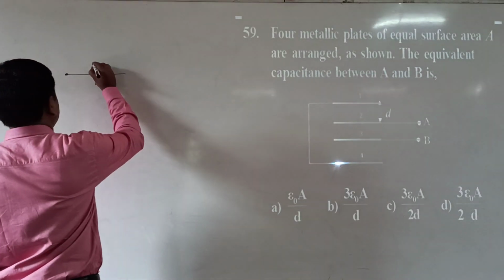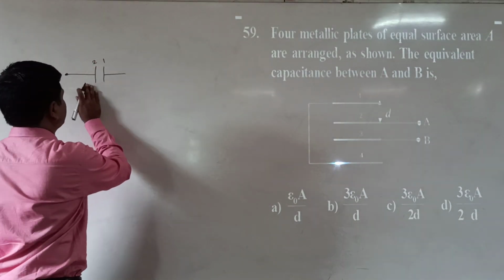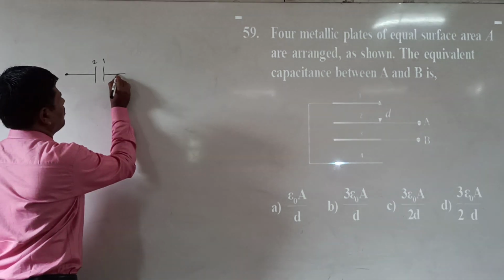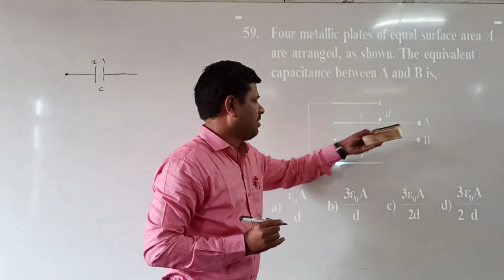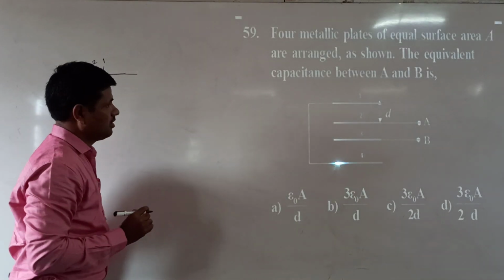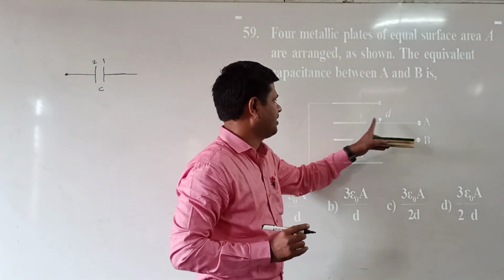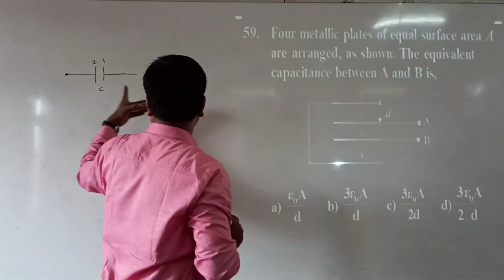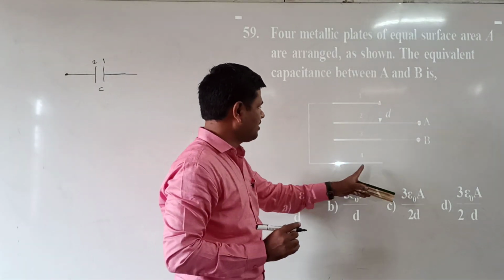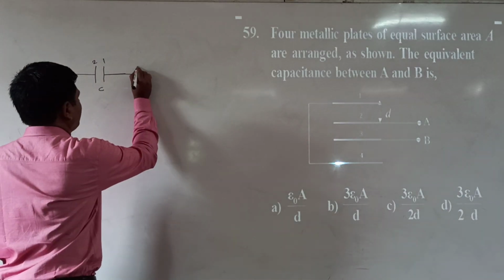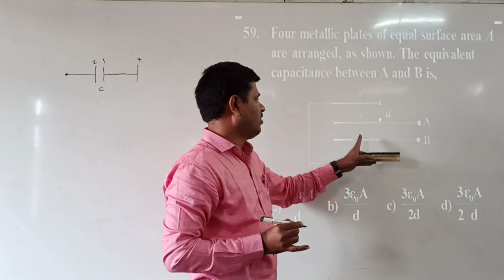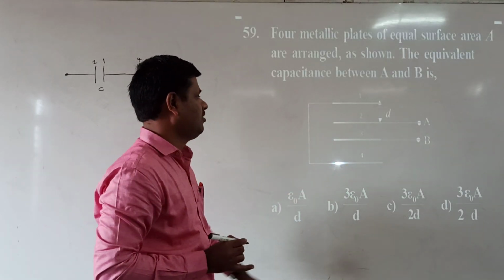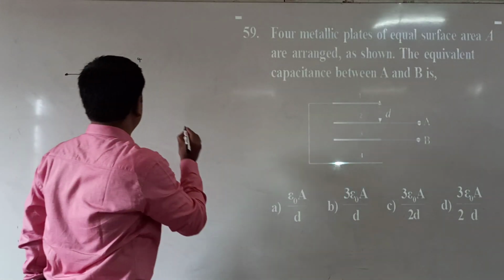In between, this is 2, this is 1, and a capacitor is formed. All are having the same capacity. One is connected to the fourth plate. Now in between 4 and 3 another capacitor is formed, but 3 is connected to the B terminal.